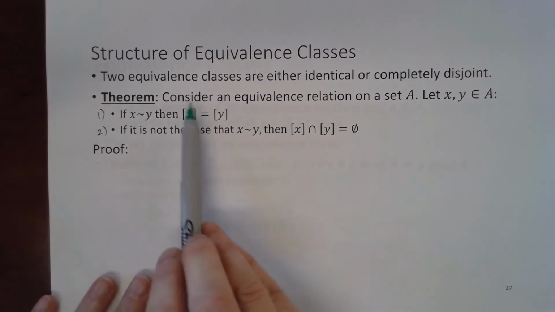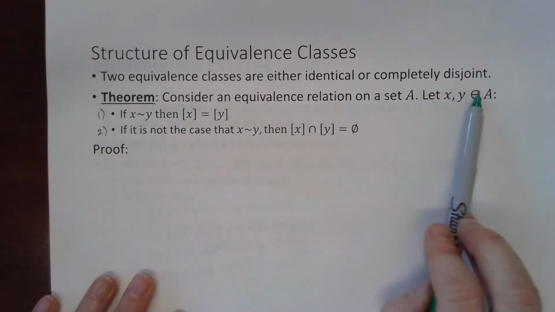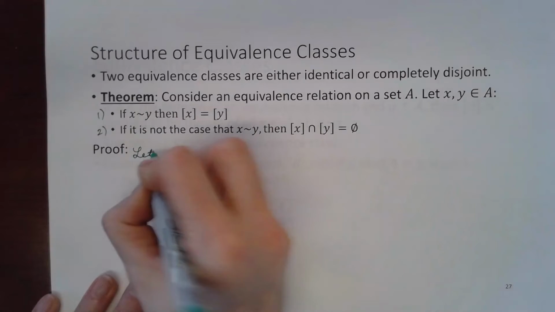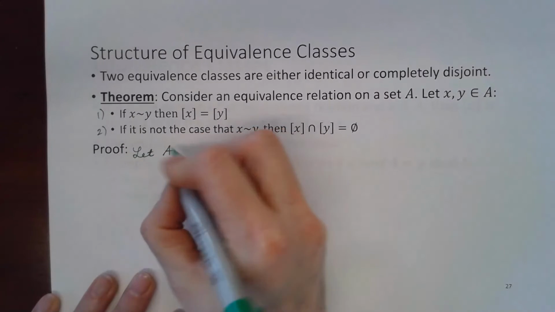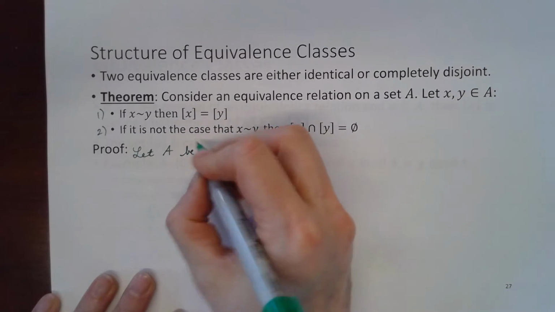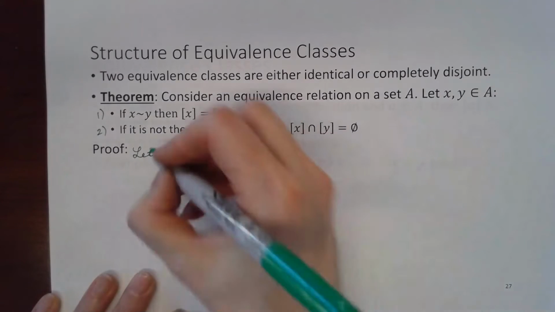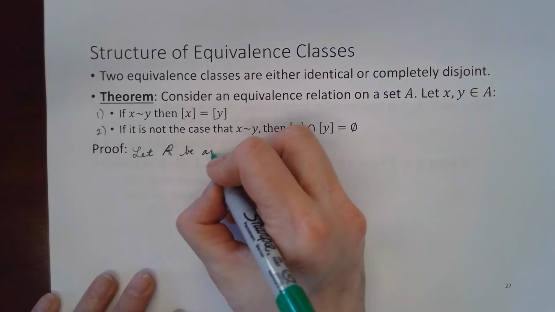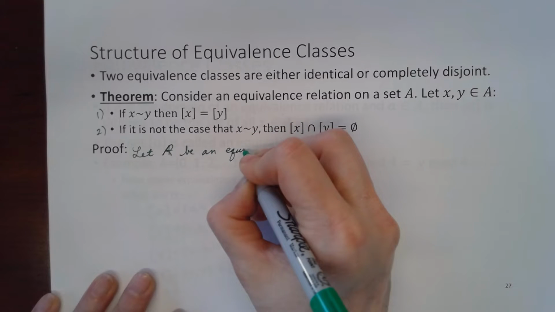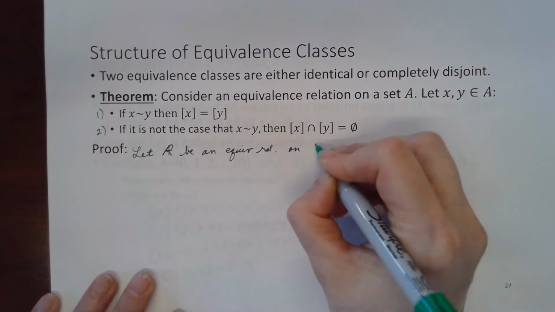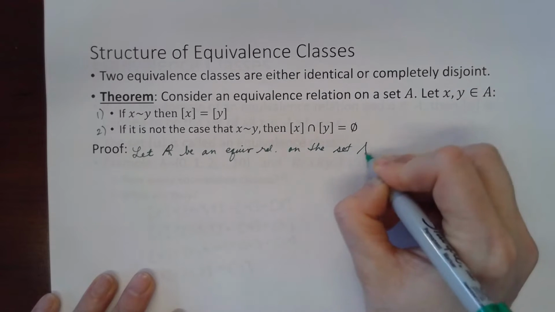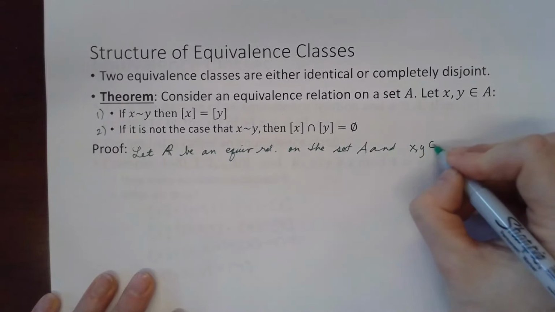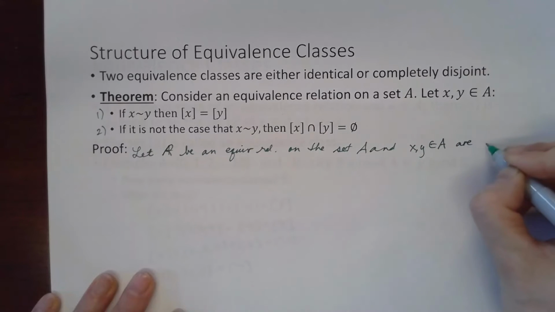And so this is sort of our given, that we've got an equivalence relation. So let R be an equivalence relation on the set A, and x and y are arbitrary elements.